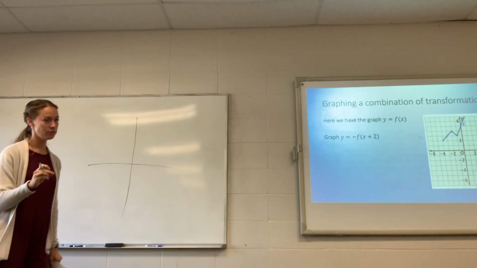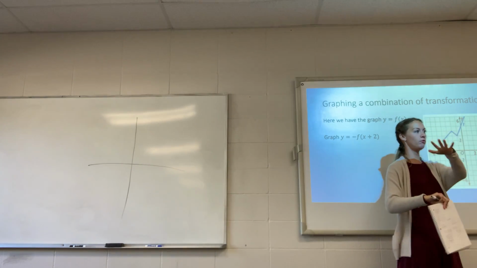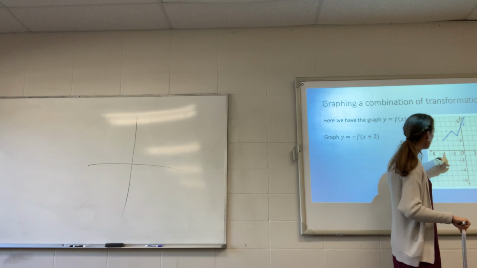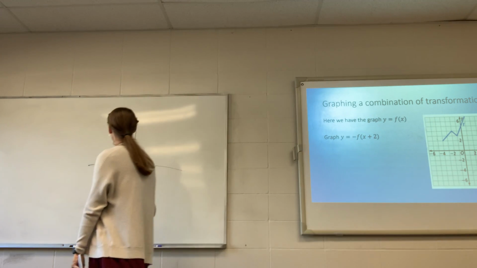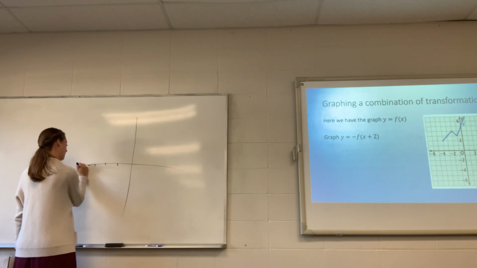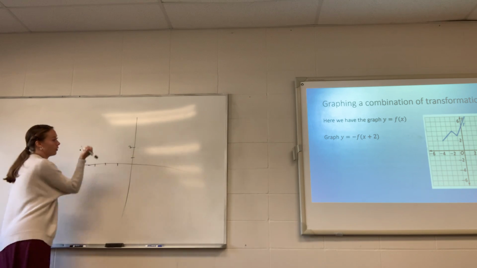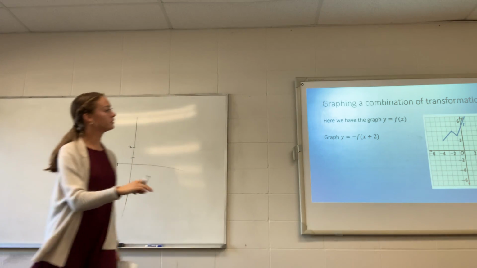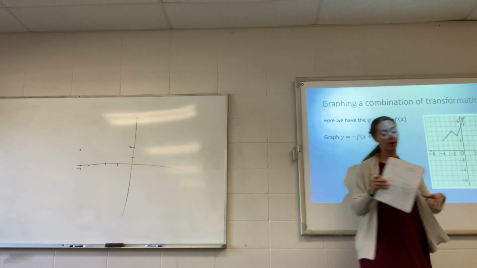I'm just going to plot a couple of these points real quick, and then we'll move the points, we'll transform them, okay? You can see I have a point at negative 4, 2. I have a point up here at negative 2, 4.